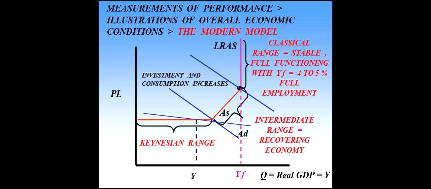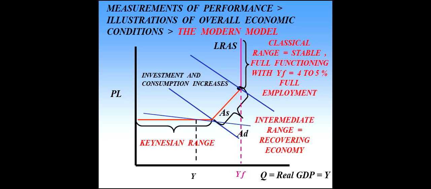Here's our long-run aggregate supply curve where the economy has recovered completely, and we're back to the traditional supply output that we have based upon full employment and using all of our resources, and demand has recovered as the aggregate demand curve continually moves to the right to match up to the supply.